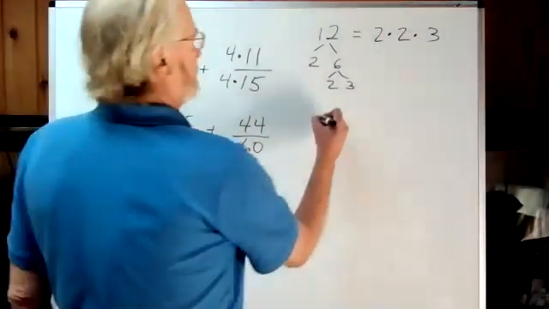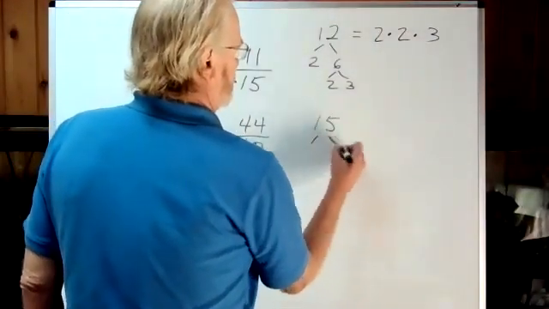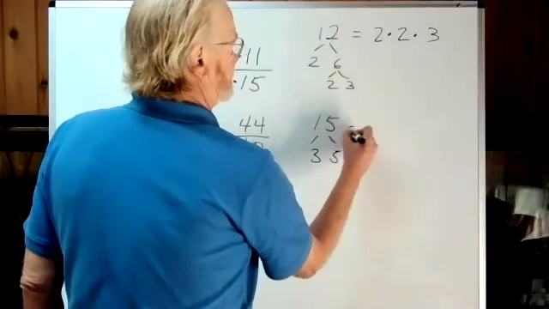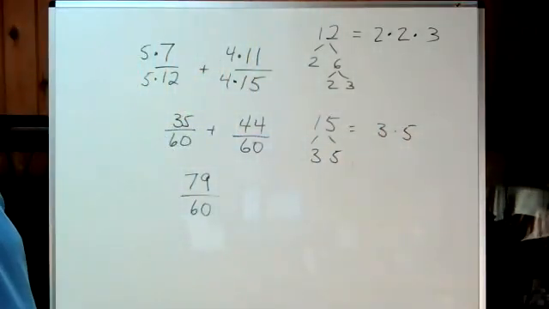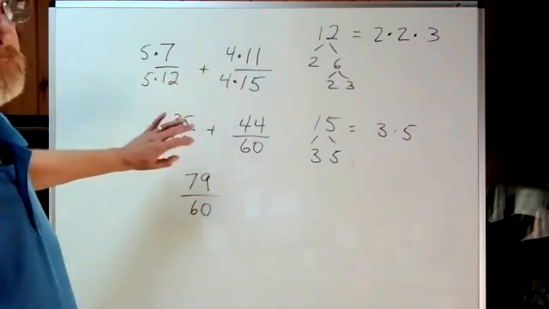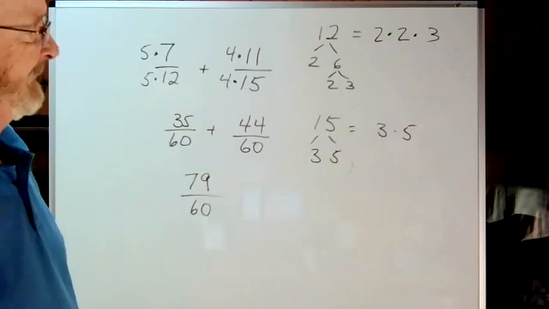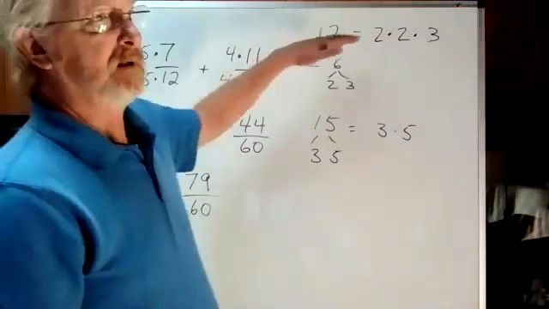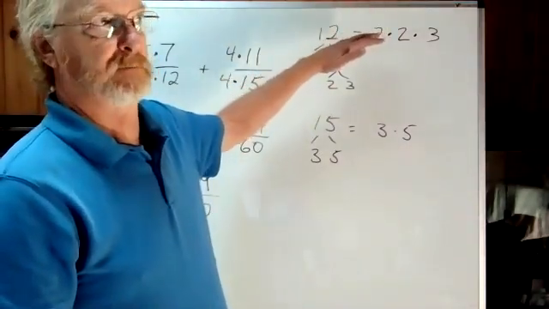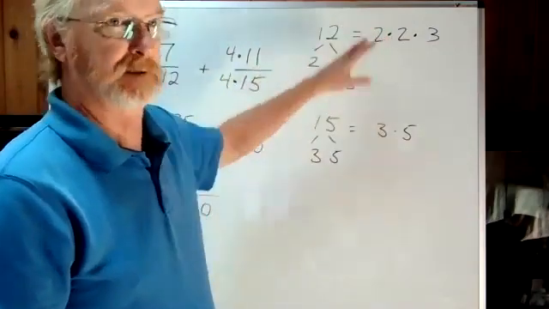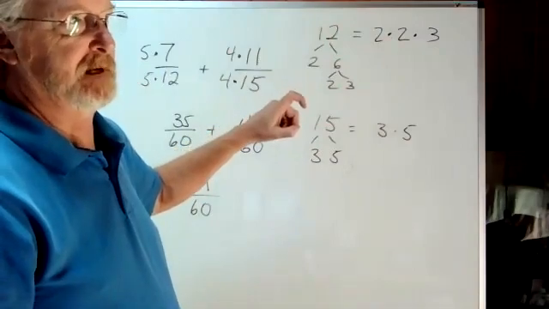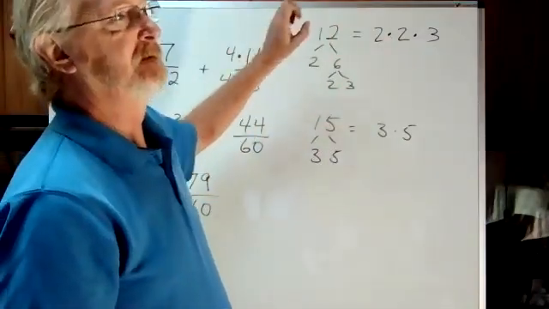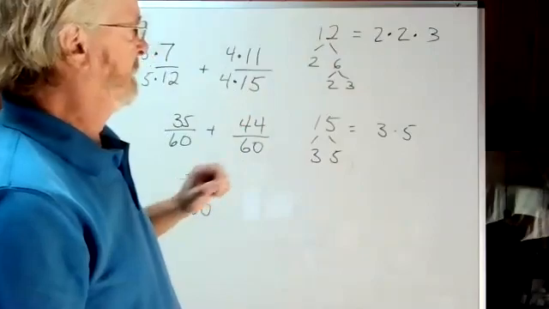Similarly for 15, well, how about 3 and 5? Oh, that's it, 3 times 5. Those are the prime factors in 15. Now, if I'm going to come up with a common multiple, common denominator, it's got to have all the different prime factors that were present in either number and the largest number of any of them that occurred in either number.